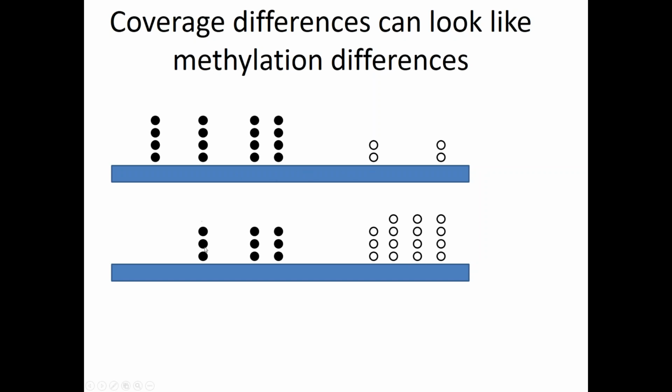What you can see is that in the places where I measure the same base in both samples, they're both exactly the same. But there are some bases that are only measured in the top sample, and some bases that are only measured in the bottom sample. So if I calculate the methylation percentages, it would appear that the top sample is more methylated than the bottom one, even though at an individual comparison, there's no difference at all.